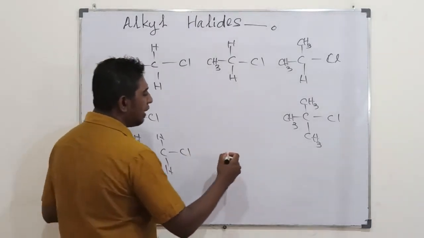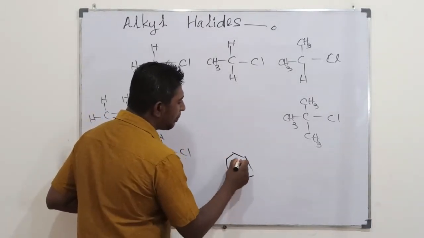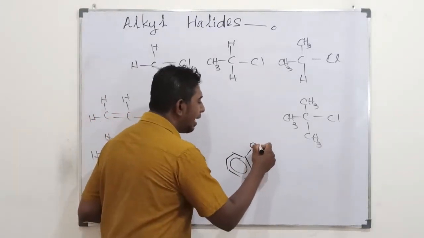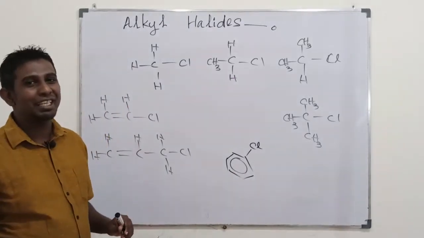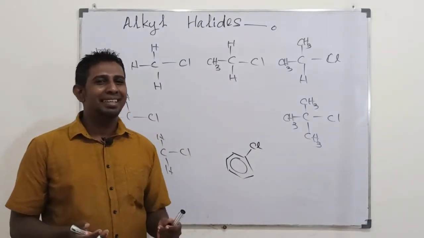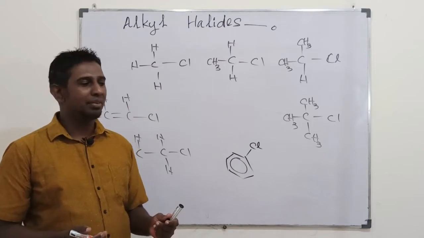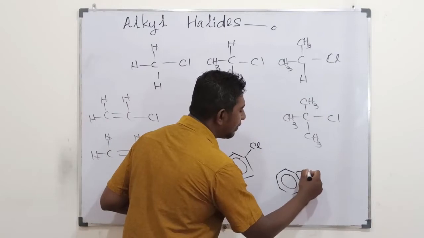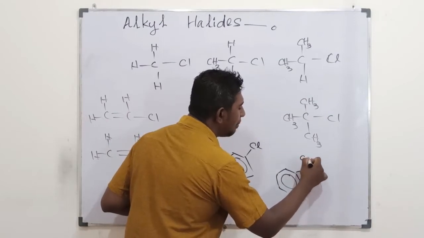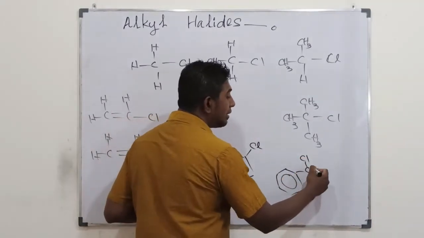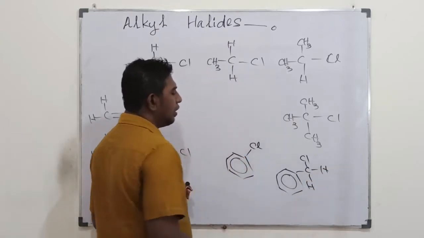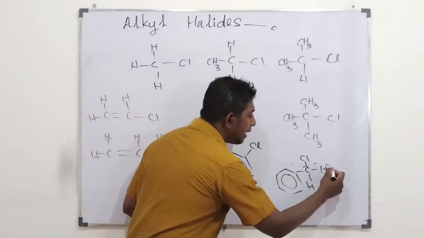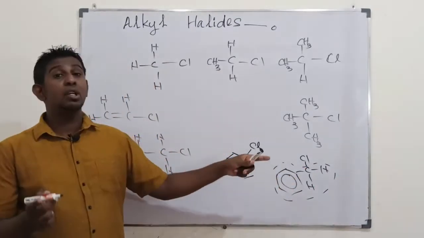Students, when you have a benzene ring where one hydrogen is substituted by a halogen atom, here a chlorine atom, we call it chlorobenzene. Let's take chlorobenzene as well. Then further, I am going to make it different, where the carbon next to benzene has the chlorine atom. This part is called benzyl, so it is benzyl chloride.